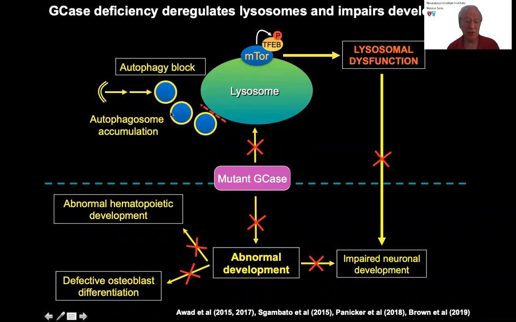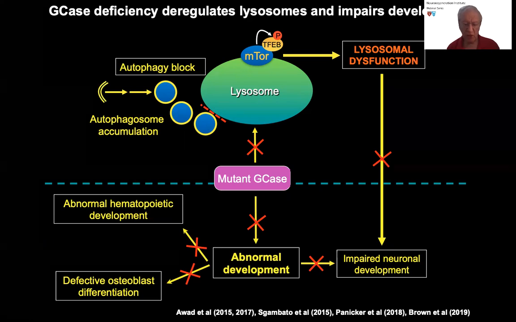These autophagosomes cannot fuse with the lysosomes very well, and then there is accumulation of the autophagosomes. There is an autophagy block and lysosomal depletion because mTOR phosphorylates TFEB, which is then degraded, and TFEB is a transcription factor that is required for lysosomal biogenesis and induction of genes required for autophagy.